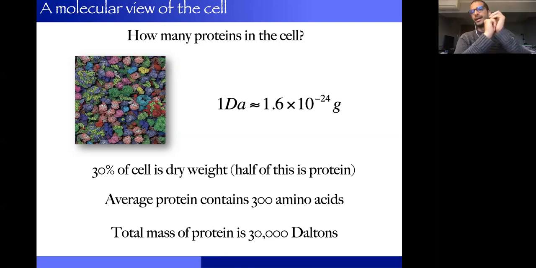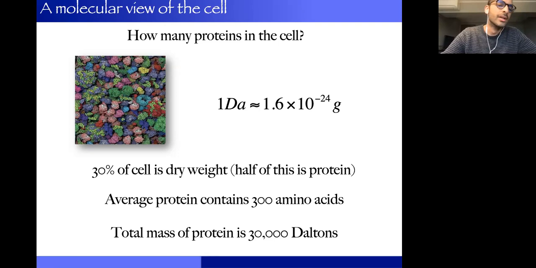Okay, so you know what the total cell mass is. Let's assume that your average protein has 300 amino acids, and so this means that the total mass of this protein is 30,000 Daltons. The Dalton is a unit that is used often in biology because we're dealing with small weights. 1 Dalton is 1.6 times 10 to the minus 24 grams.